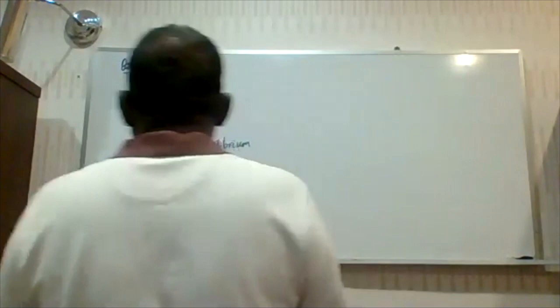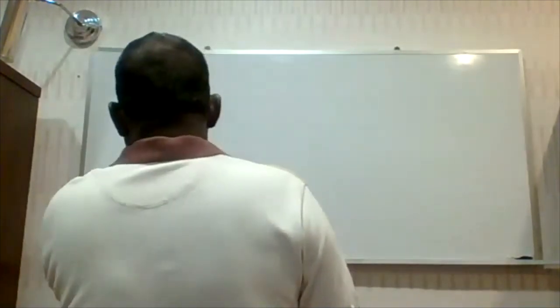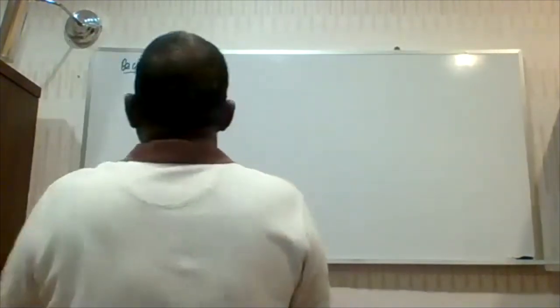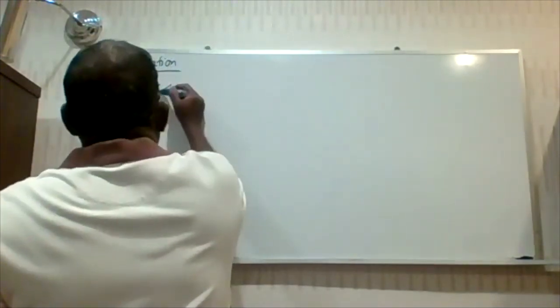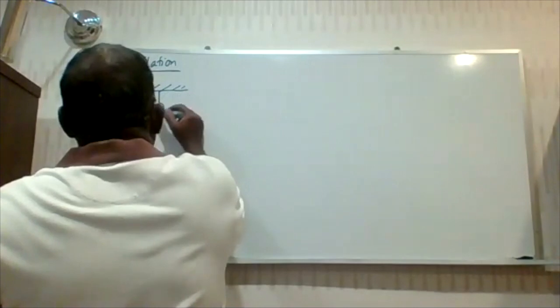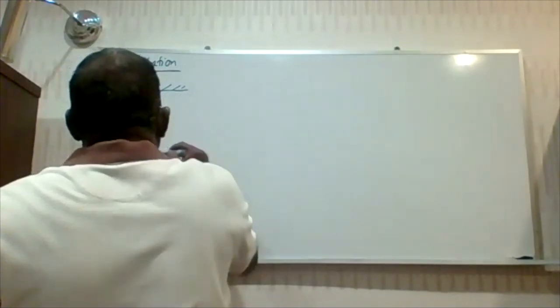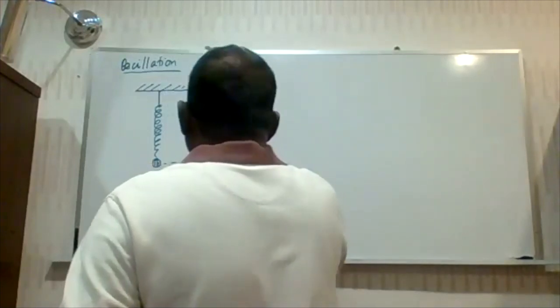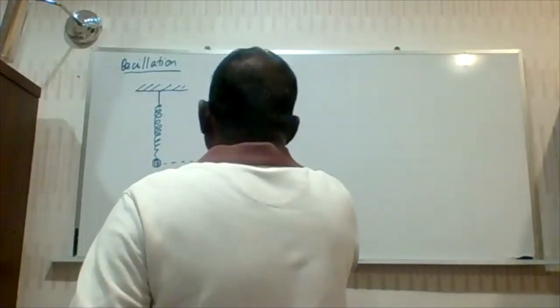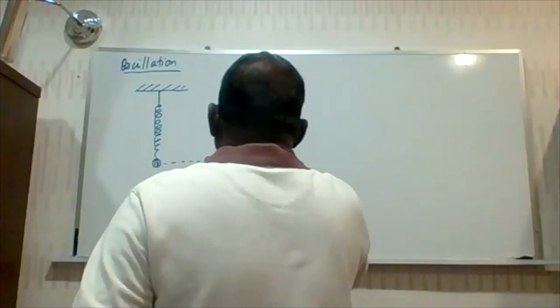Or rather, I'll change it the other way around. I'll put it this way. That's the particle, same thing. So that's the equilibrium point. So I've added the spring component.